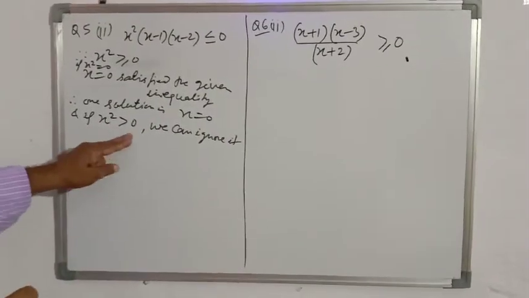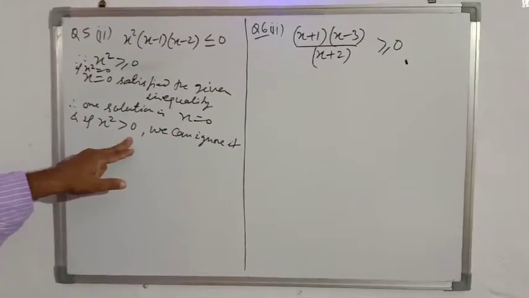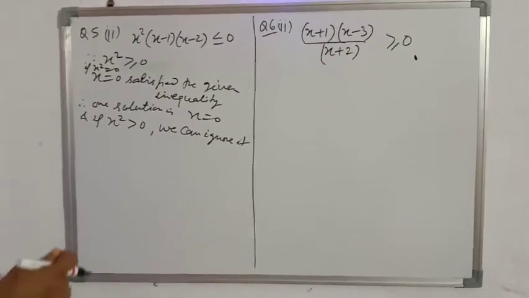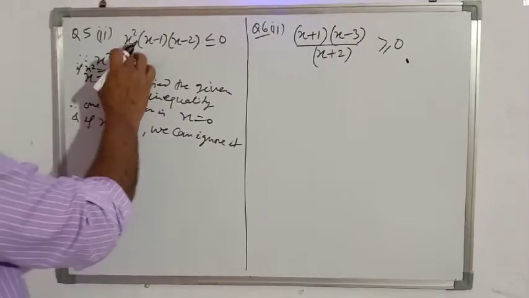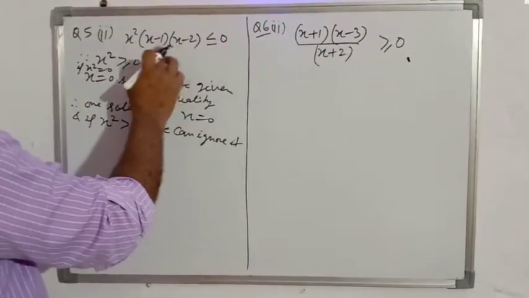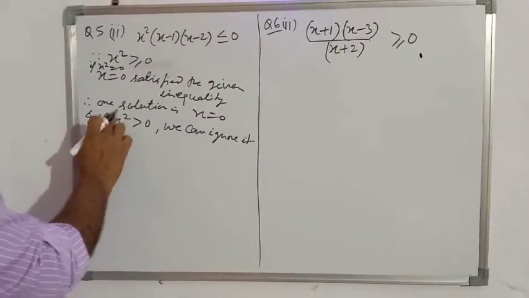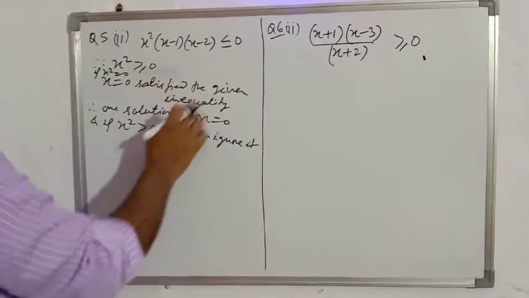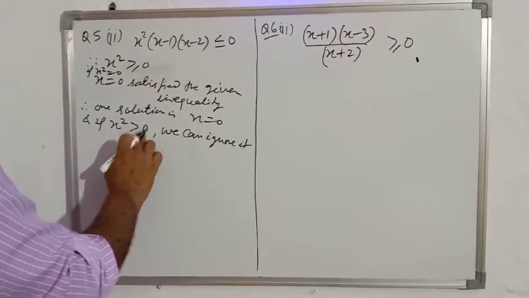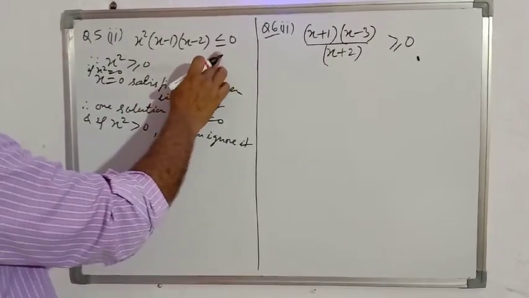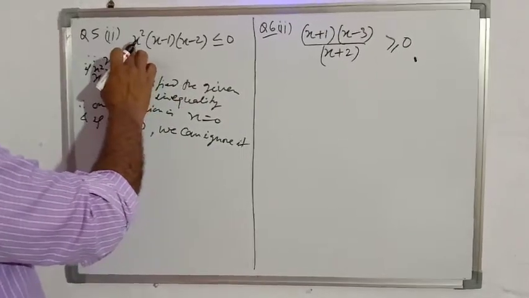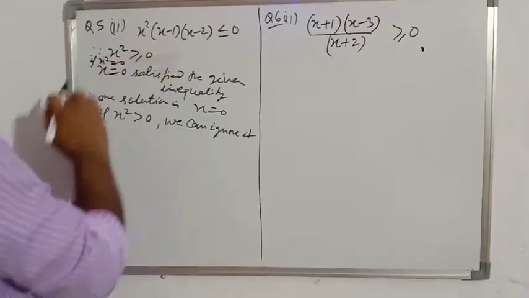And if x square greater than 0, positive, so we can ignore it. Why we can ignore it? Because if we divide by x square on both the sides, inequality remains unchanged. We know that when we divide both the sides by positive numbers, inequality does not change. So we can divide both the sides by x square.